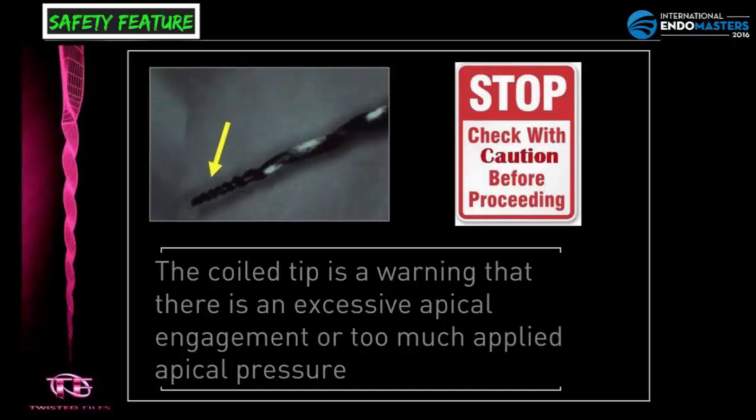The coiled tip is a warning that there is excessive apical engagement or too much applied apical pressure, but this is a safety feature because the file tells us that if we don't stop, it's going to break.